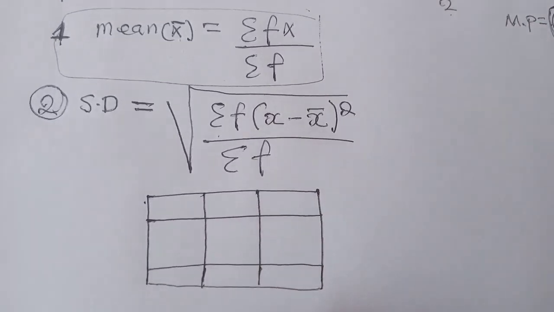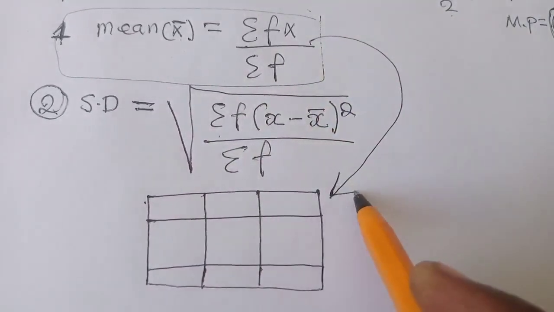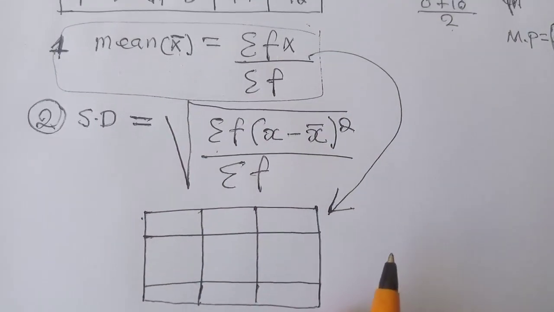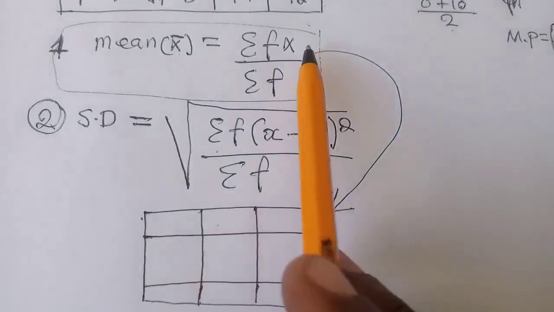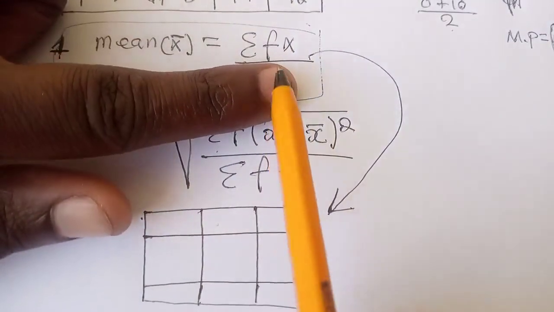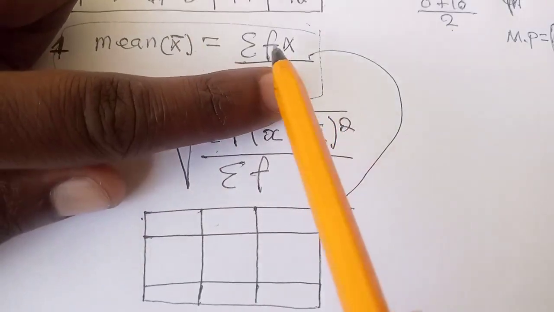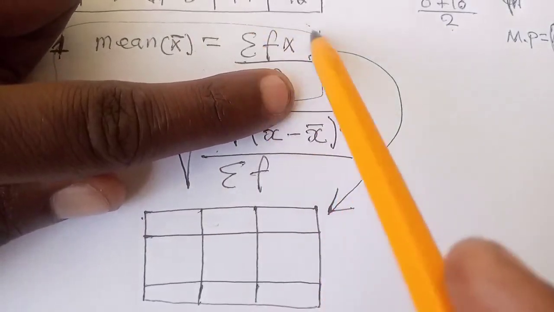And I said that if you want to find the mean, you just hide this part. This is the formula for the mean. Then you look at what is here.